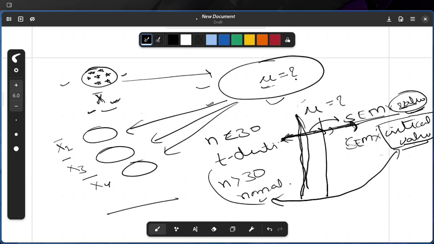Our critical value is nothing but a point, these points. If you are considering two tails, both the sides, then you want to find the critical value so that we can capture this 95% of the area on the graph, and we find the values here at both the ends.